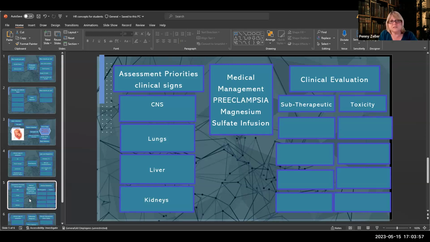Eclamptic would mean she's going to have a seizure if we don't do something. Lungs: pulmonary edema. The liver: elevated enzymes, thrombocytopenia. And then the kidneys: urine output, protein in the urine, increased creatinine. So all those things we have to monitor with our client that has preeclampsia.